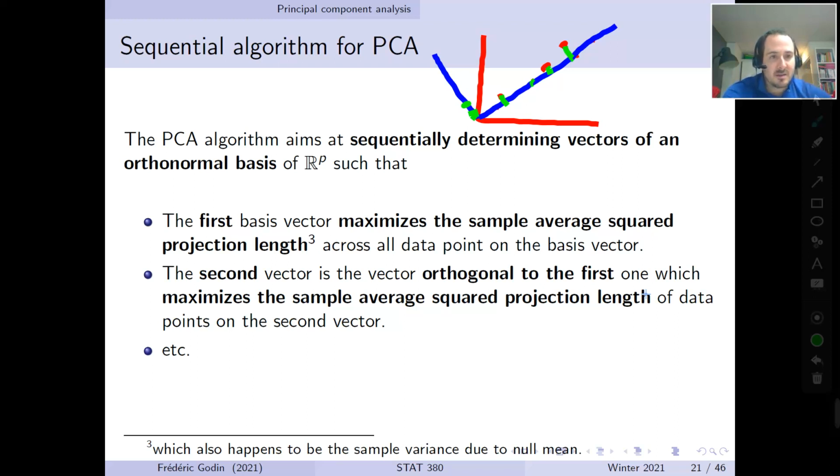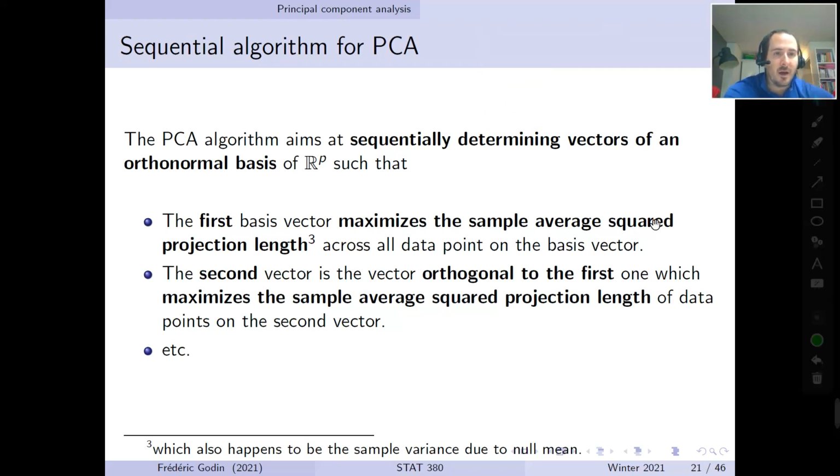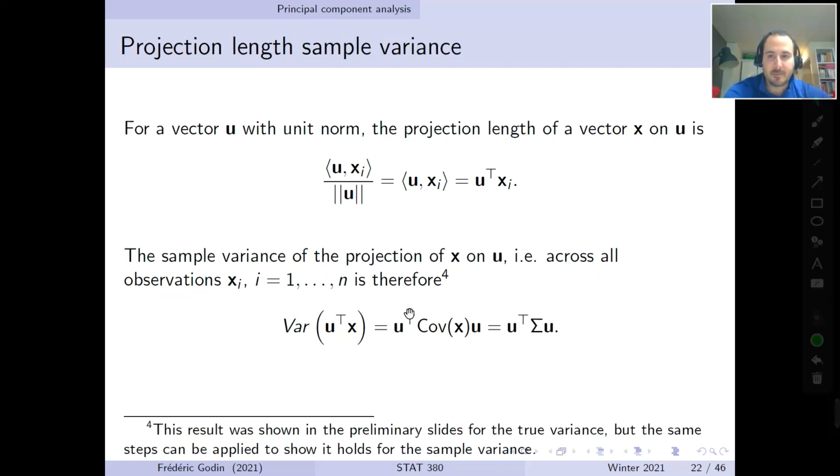We still maximize the squared projection length, but under the constraint that the new vector is orthogonal to the first three, etc. The rationale for setting up this problem was well explained in the previous example. Hopefully, the previous example yielded the intuition about why we want to set up the basis vectors this way.